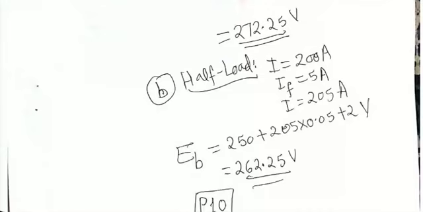And EB calculation can be done, but the 2 volt will not change because that is depending on mechanical reasons. It is mostly because of friction. That doesn't change with load. So 2 volt remains fixed, even at half load, at any load really, even at no load for that matter.